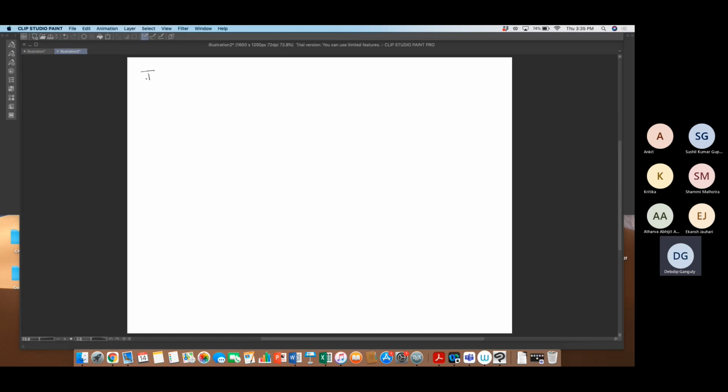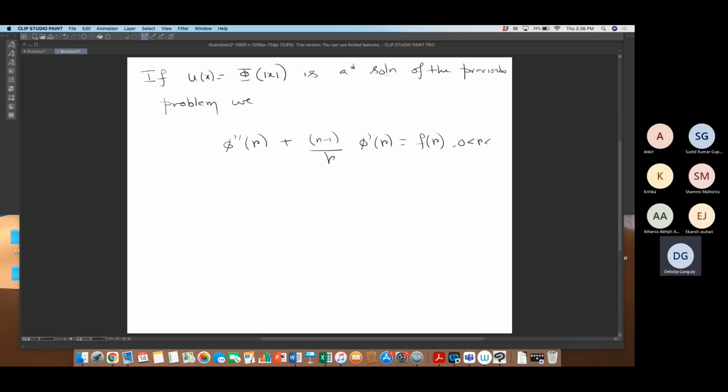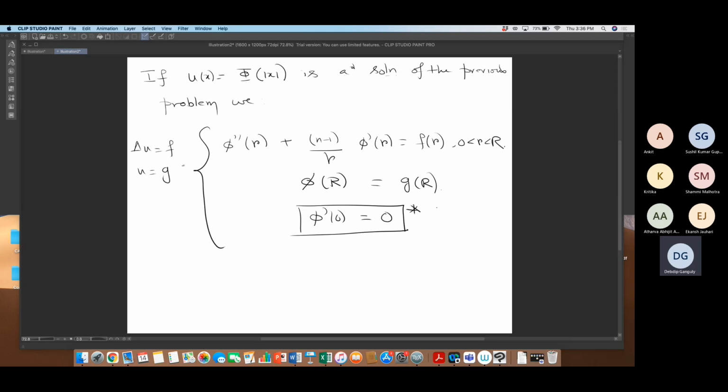So if u of x is equal to phi of mod x is a solution of the previous problem, then we have phi double prime of r plus n minus 1 by r phi prime of r is equal to f of r for 0 less than r less than capital R, and at the boundary phi of R is equal to g of R. And I said something on phi prime at 0; you don't have to understand this now. So the PDE Laplacian u equal to f, u equal to g reduces to this.